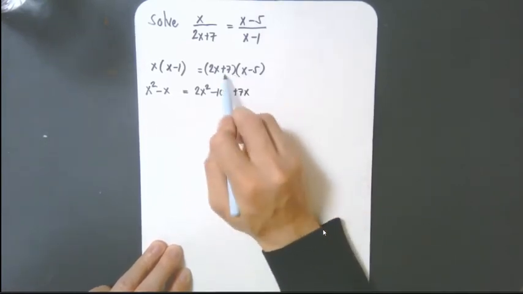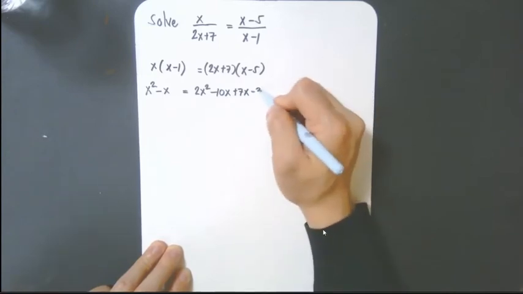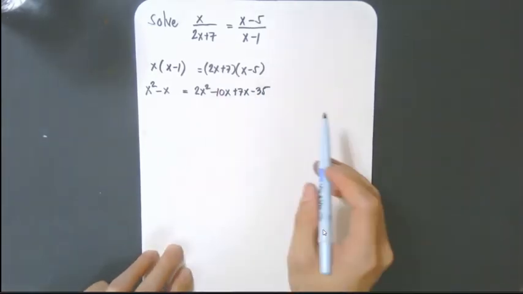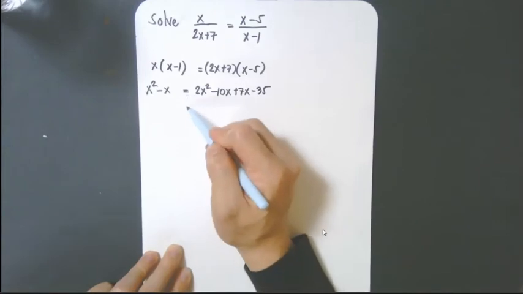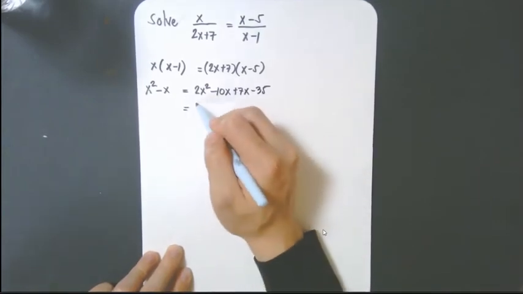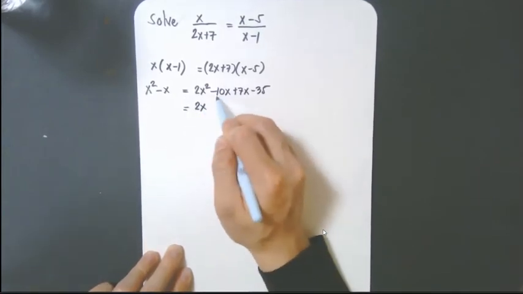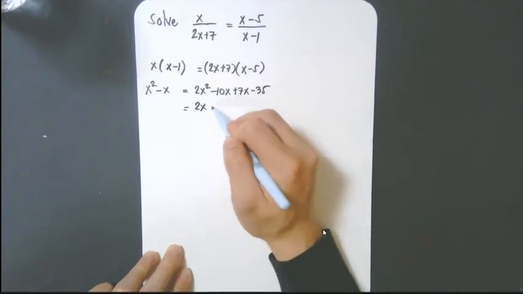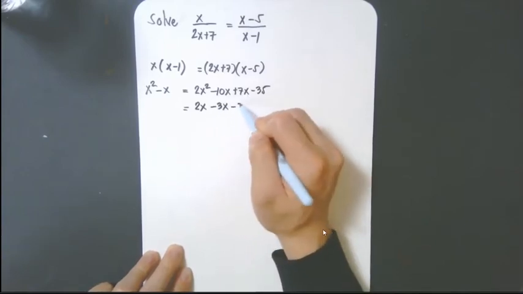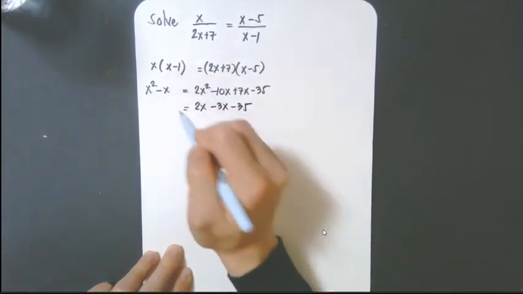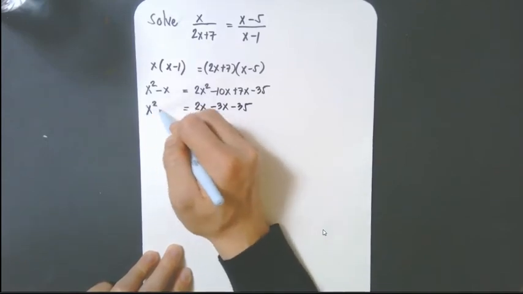And then 7 times negative 5, that's negative 35. So we will just simplify this part first. So negative 10x plus 7x, that's negative 3x minus 35. Copy the left side of the equation, x squared minus x.